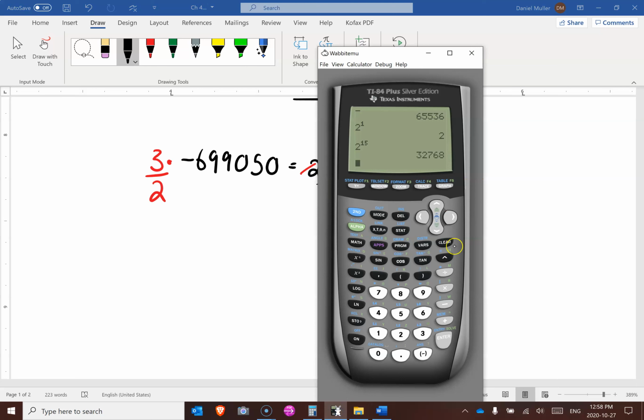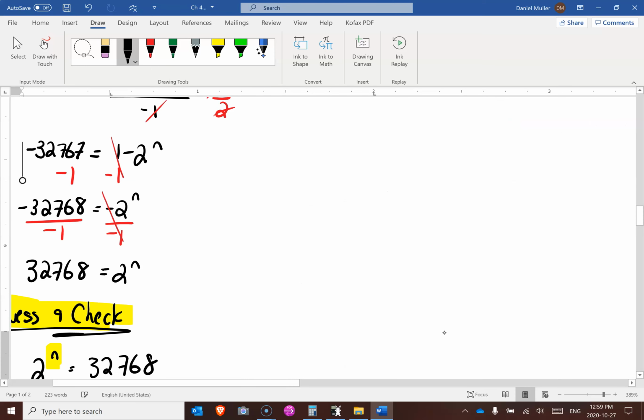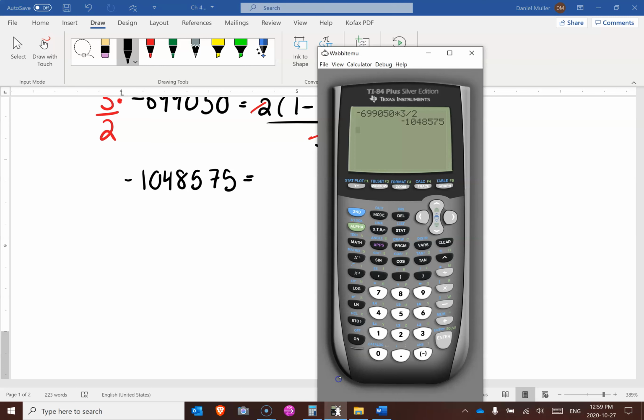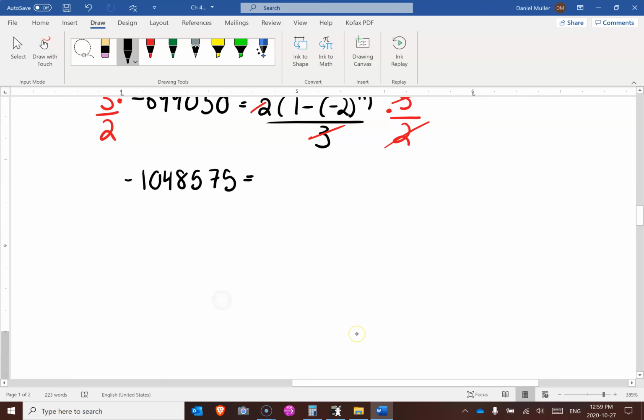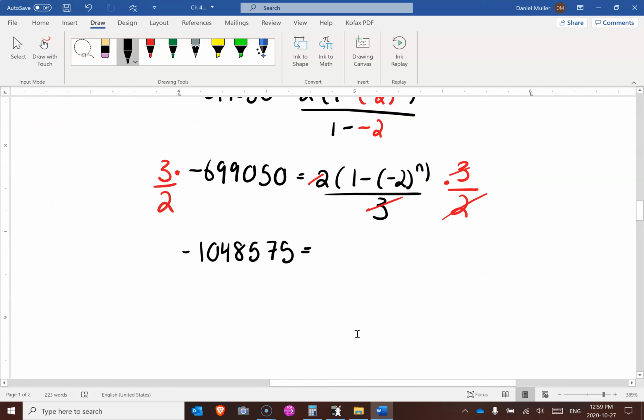I'm going to do that in my calculator. -699,050 times 3, then divide by 2. That gives -1,048,575.